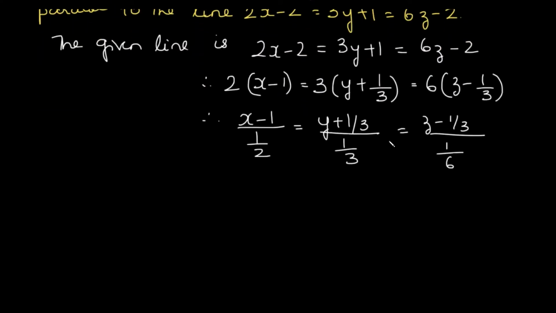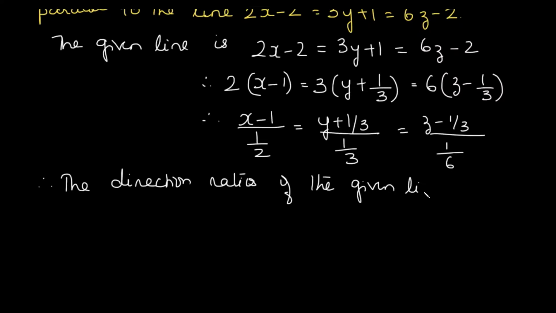Now from this Cartesian equation, we can find the direction ratios of the given line. Those are these denominators. So the direction ratios of the given line are 1/2, 1/3 and 1/6.